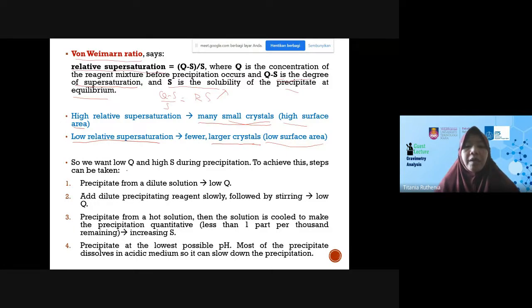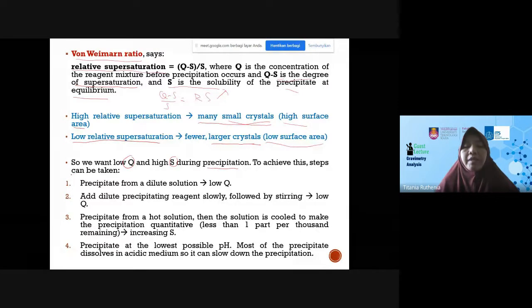So what we should do to get low RS is lower the Q and have high S during the precipitation process. To achieve this, we have to do some steps.